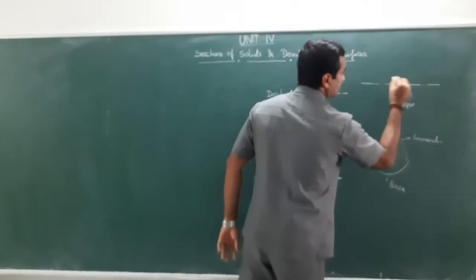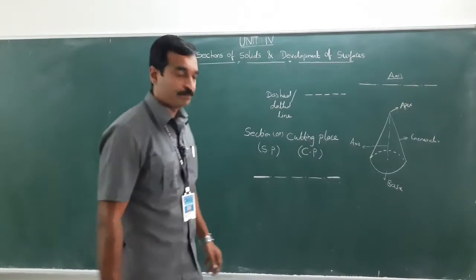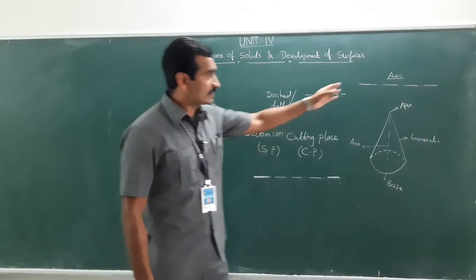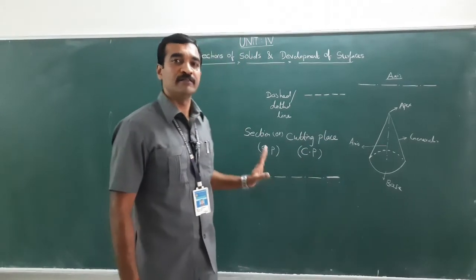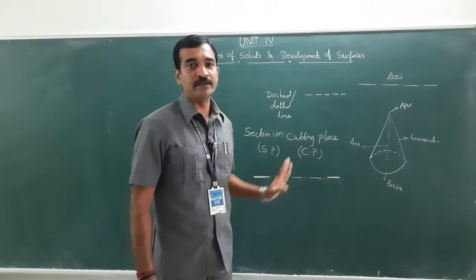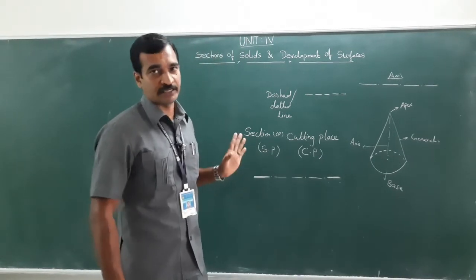This is for the axis. For the cutting plane, it is the same manner, only the difference is both the ends should be widened. This is how you have to represent the cutting plane or the section plane.